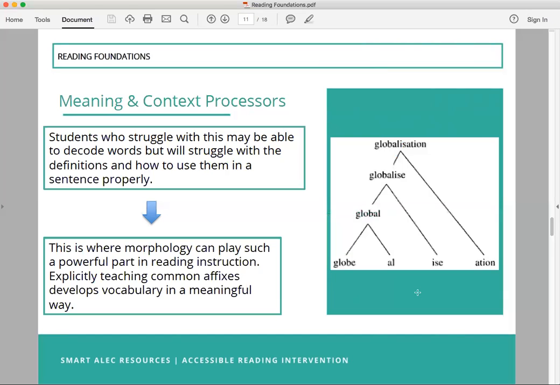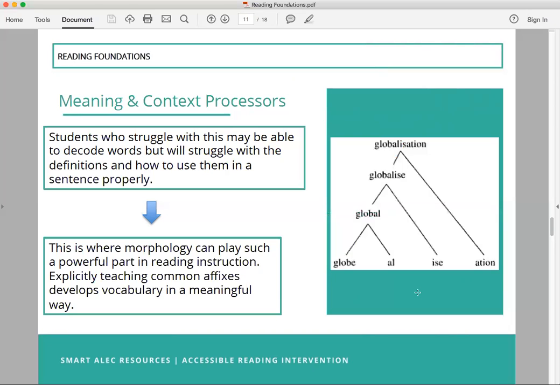It can play a really powerful part in instruction. If we can teach common affixes, it's really going to help us out. So for example, globe. Do we know what a globe is? Maybe we can actually see a picture of a globe. That can really help pull some concrete meaning. Okay, well, if we know what a globe is, then what do we think about global?